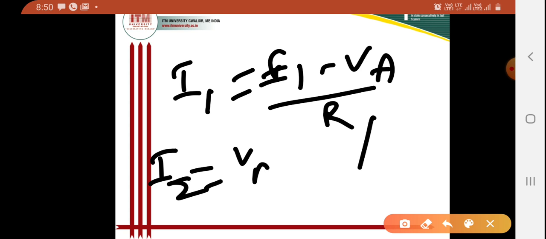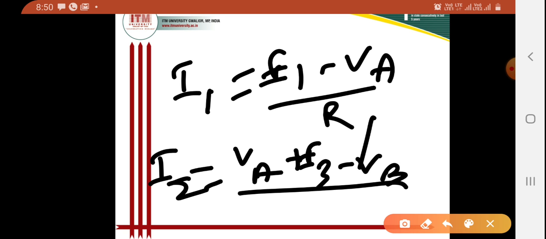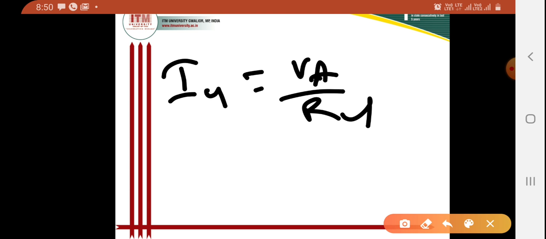I2 can be written as VA plus E3 minus VB by R2. Similarly, I4 can be written as VA by R4. Getting?